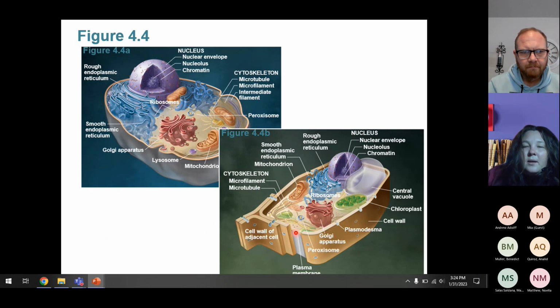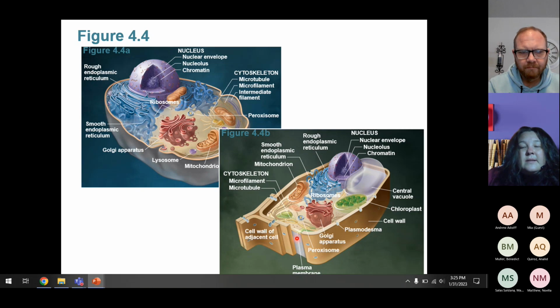All right. From here on out, we're only going to be talking about eukaryotic cells. These are the two kinds of eukaryotic cells. We have animal cells and we have plant cells. I want you to notice there's three main differences between plant and animal cells. First of all, the plant cell has this rigid cell wall surrounding it, whereas the animal cell does not.